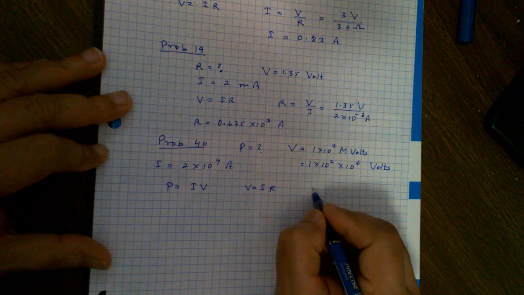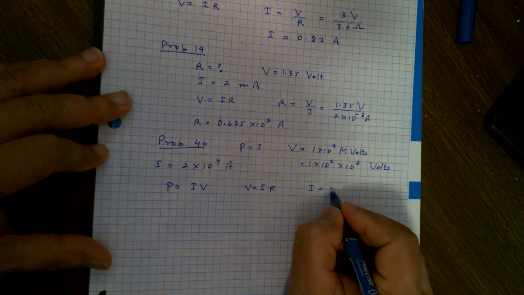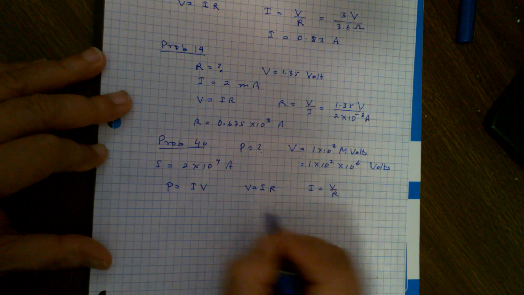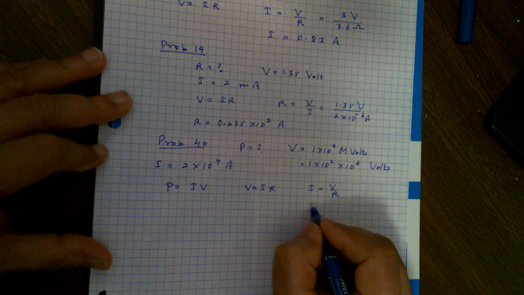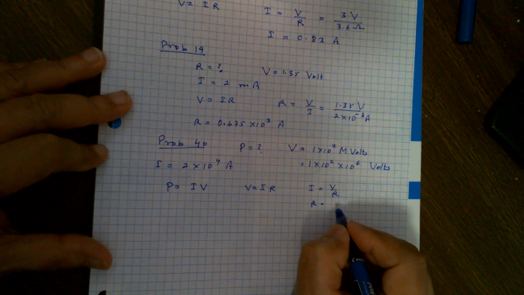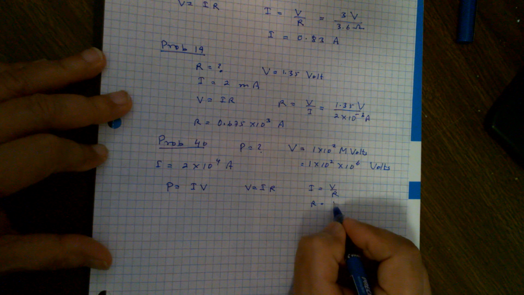From here, I can find I is equal to V by R, or R is equal to V by I, right?